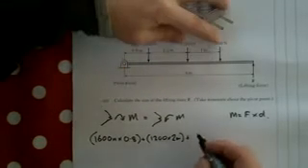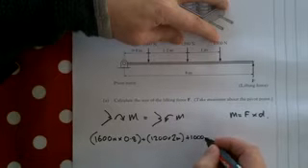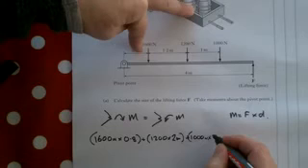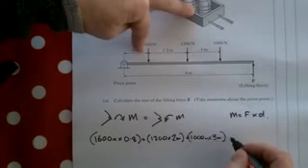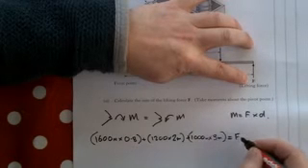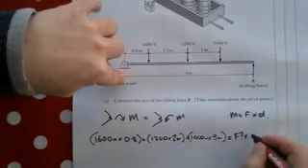Add to that 1000 newtons multiplied by the distance, 3 meters, and that is kept in equilibrium by our force, which is unknown, multiplied by the distance, 4 meters.